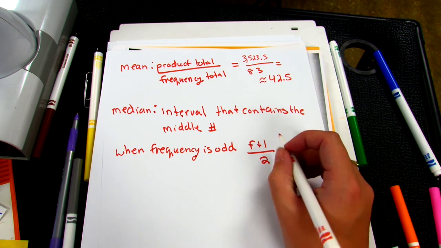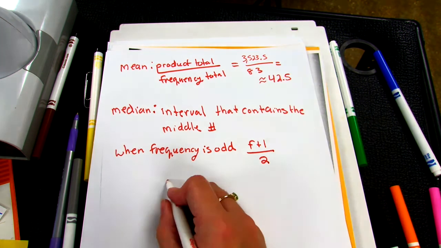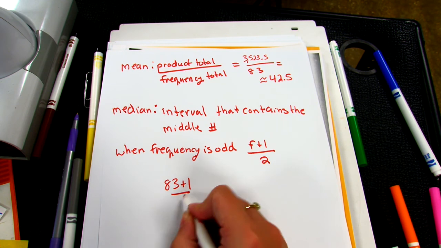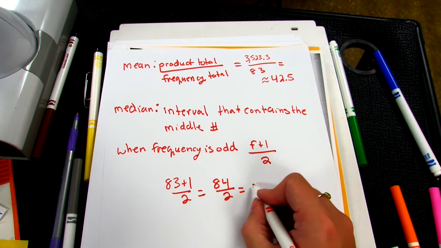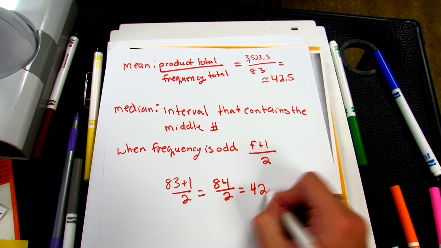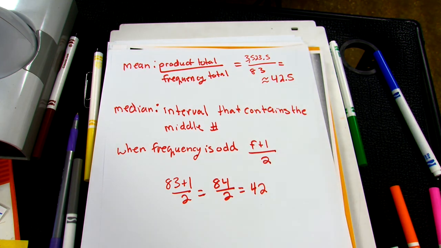So that means since we have 83, it would be 83 plus 1 divided by 2, which means we get 42, right? So we need the 42nd number, okay?